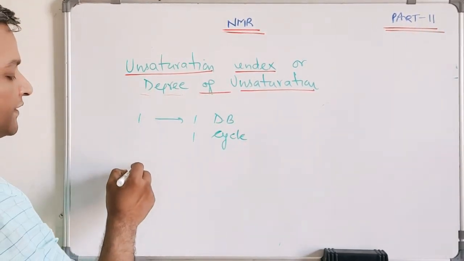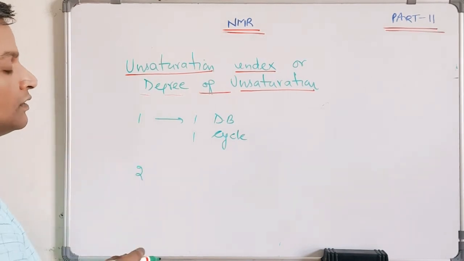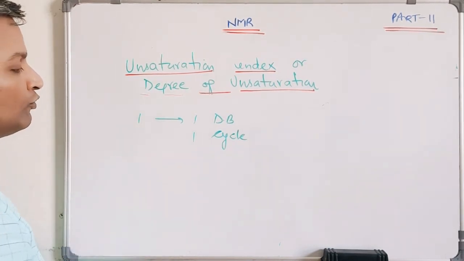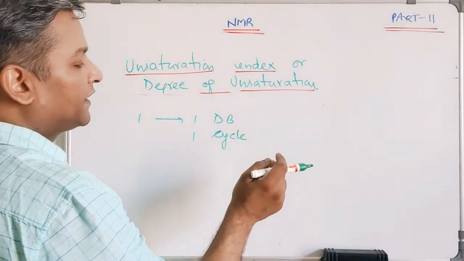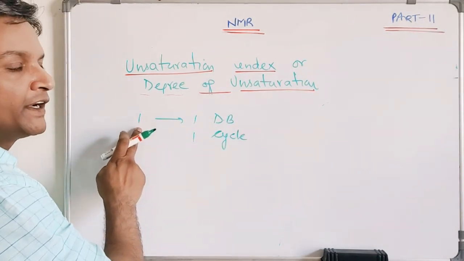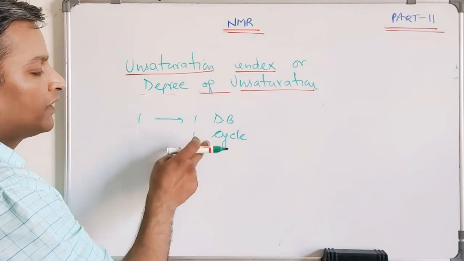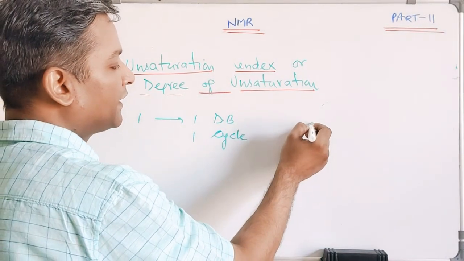Before I move to 2, let's see why I'm saying that one unsaturation index is equal to one double bond or one cycle. I must explain this with an example.